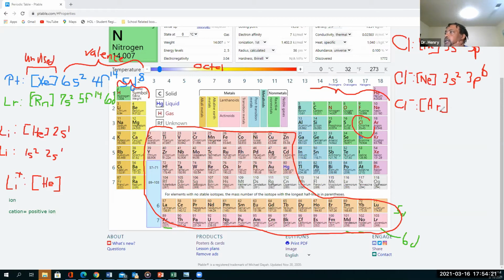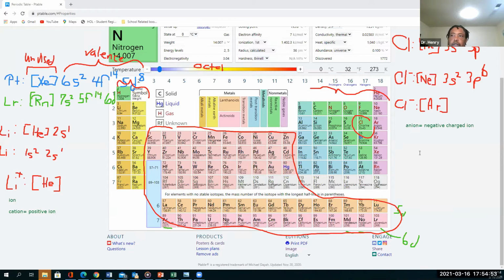Since it gained one electron, it has a negative charge. So this is called an anion. A negatively charged ion is an anion.